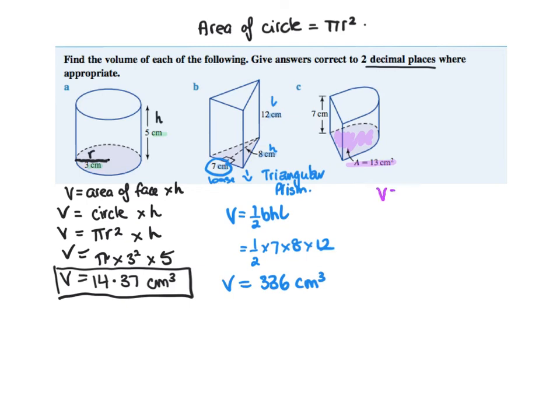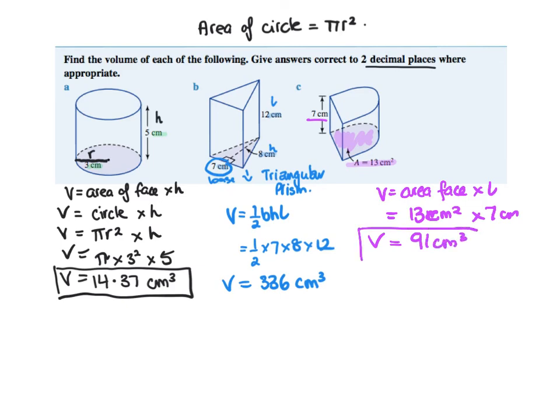So I know that volume is always the area of the face times the length of the object. So I'm going to say straight away that's 13 centimeters squared times the length, which is 7 centimeters. So we end up with the volume being 13 times 7, which is 91 centimeters cubed. So remember, volume is given in cubic units.